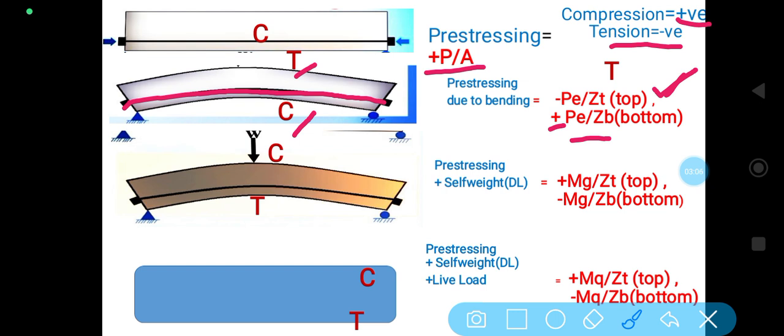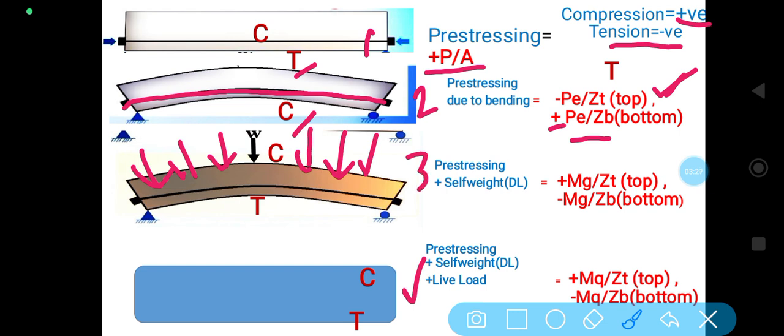And soon after subjecting it to the loading, what happens? This beam tries to come back to its original position, just like shown in this sketch. This is figure 1, this is figure 2, this is figure 3, and lastly this is figure 4.